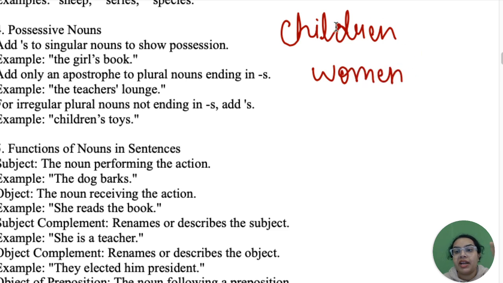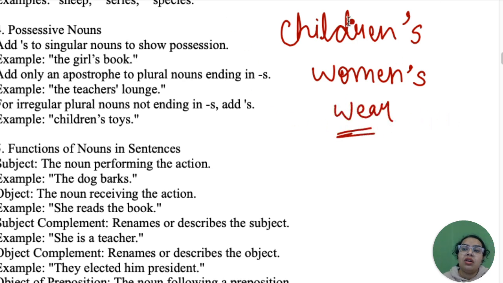They're not plurals ending in s. So in this case, apostrophe and s both we need. Children's play arena, okay? Women's wear, right? So for these irregular plurals, and a few of them are there, apostrophe and s both you are going to use.